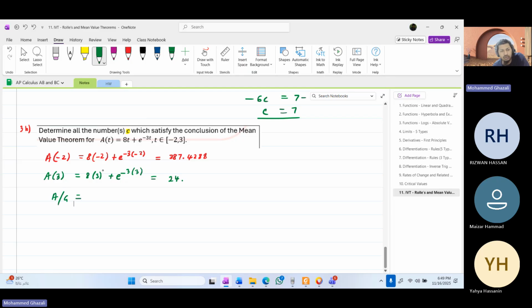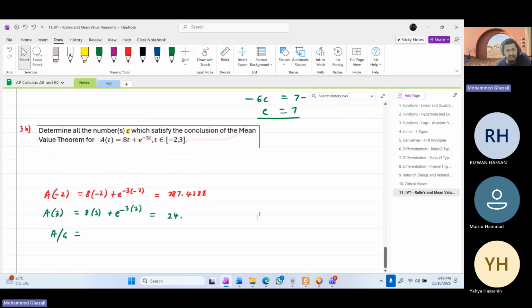Wait, before you do this, because they say it's satisfied, you must say there exists a C. And we keep on forgetting that. There exists a number C which is between -2 and 3. How do you know? Because they're saying it satisfies the conclusion of the mean value theorem.